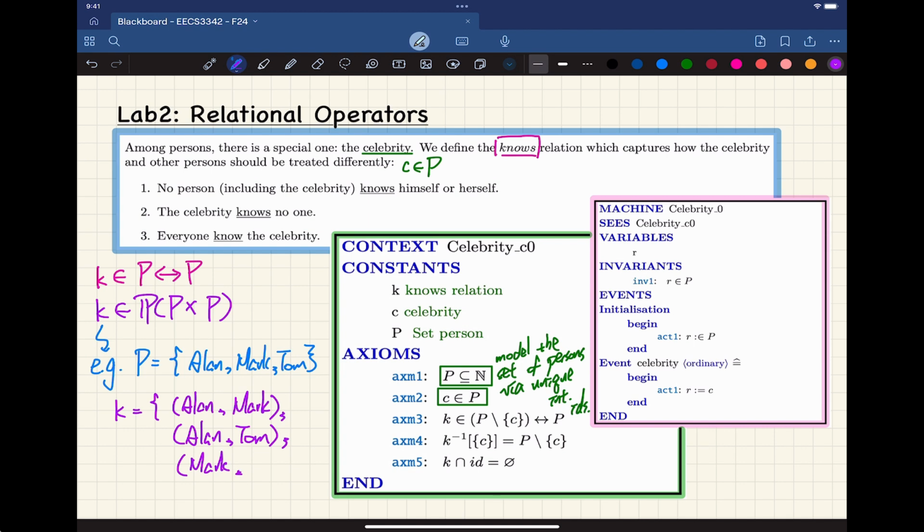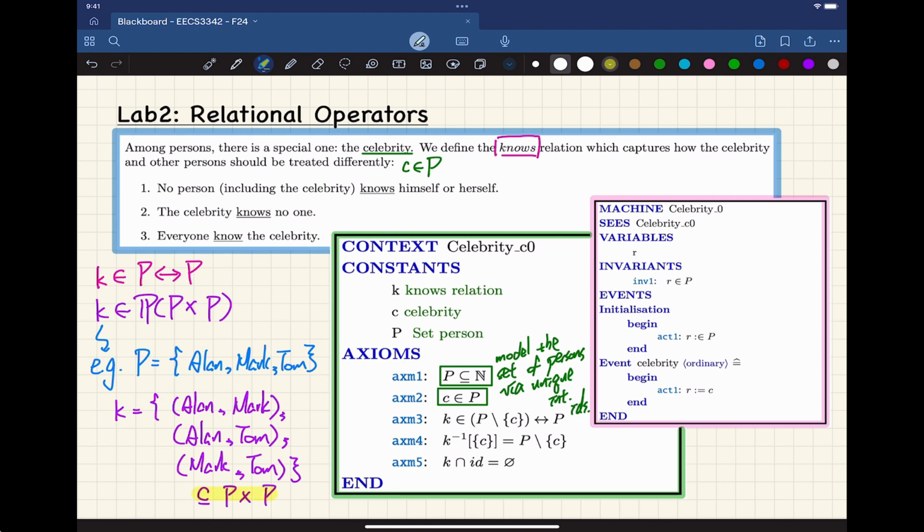This is definitely a relation. Because you can see the domain, Alan and Mark, is definitely a subset of P. Also, Mark and Tom, the range is definitely a subset of P. Right? So that's good. It's also another way to see that it's a subset of the cross product between P and P. Right? That's also another observation to make.